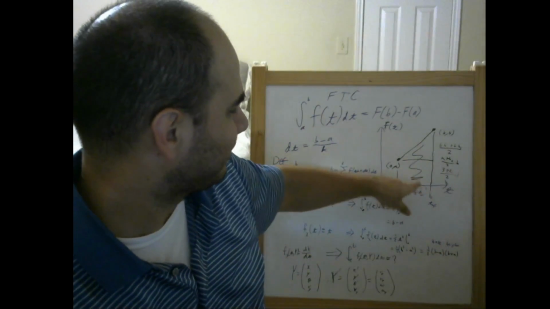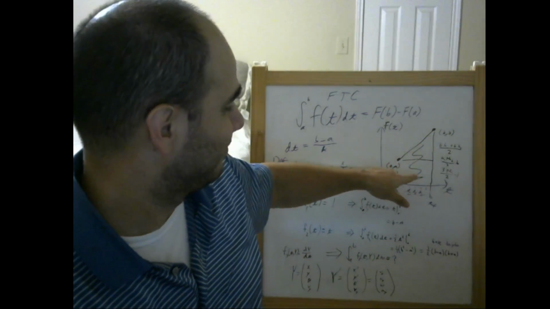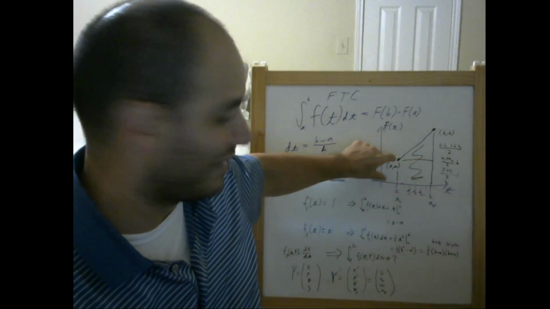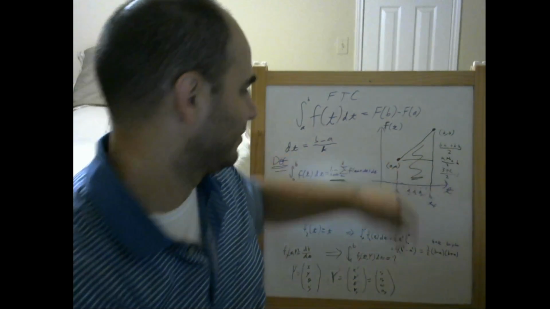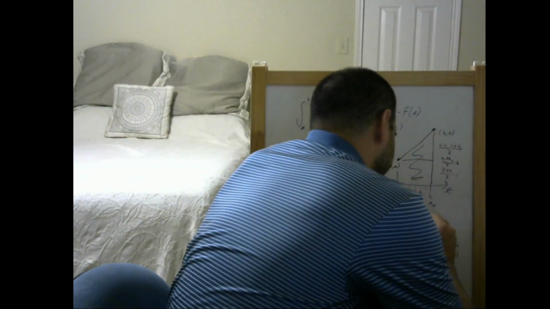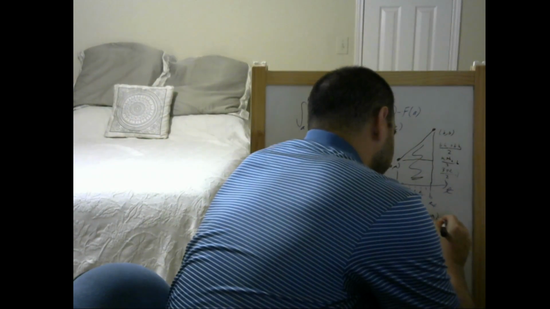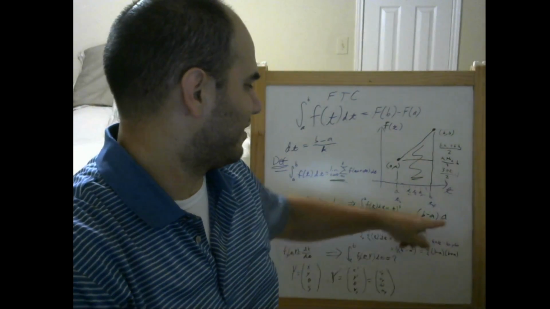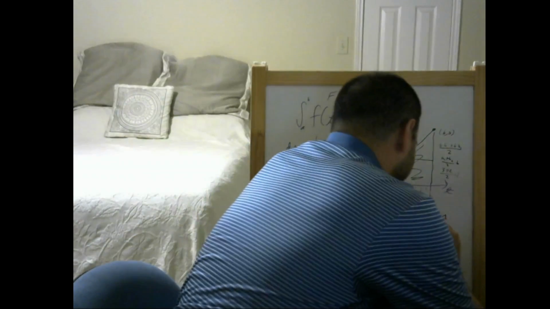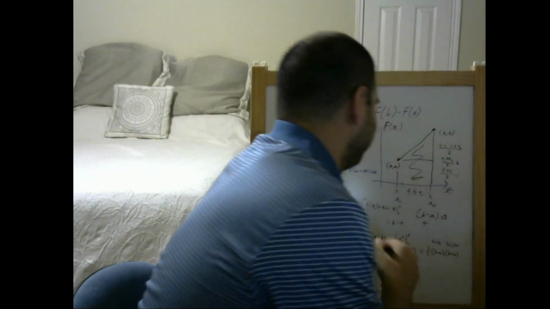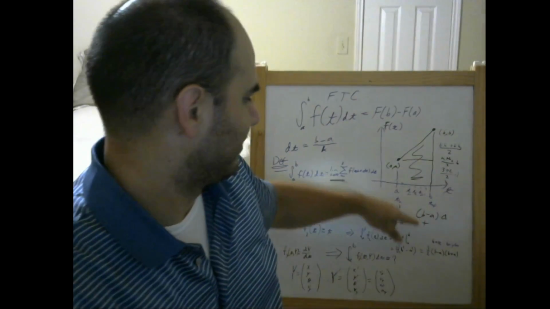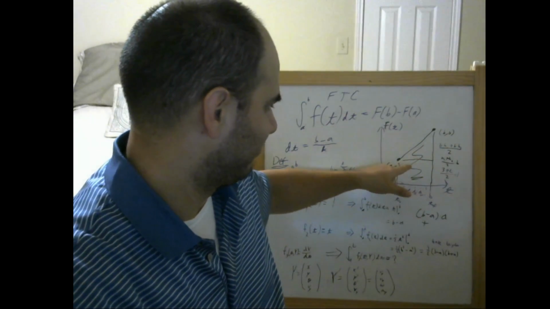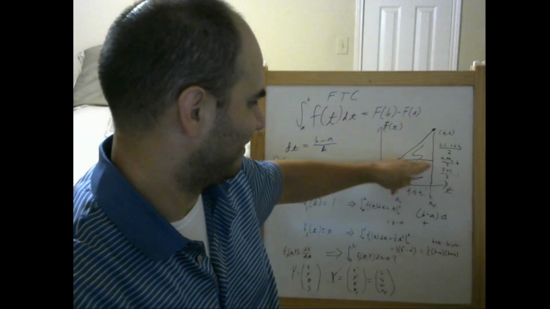So we would have b minus a times height a for the rectangle. Okay, and then we would add that to this triangle, right?